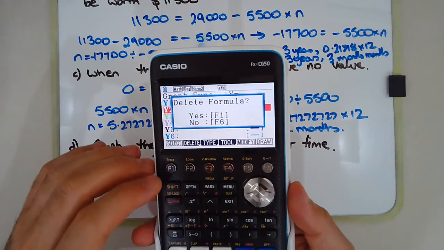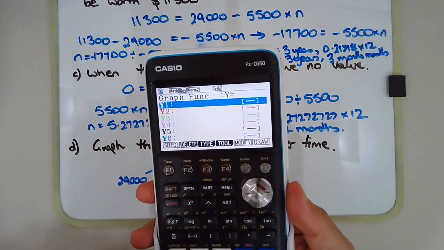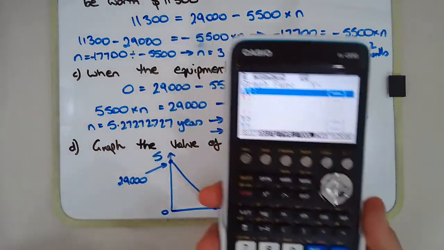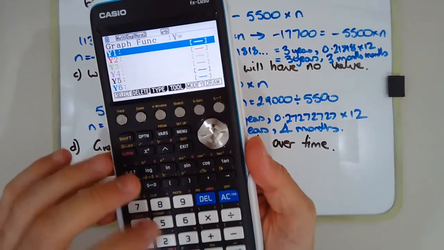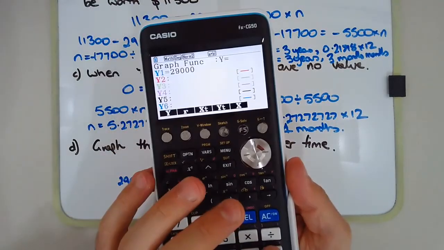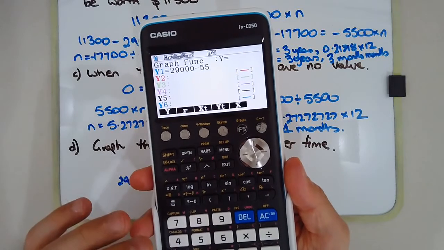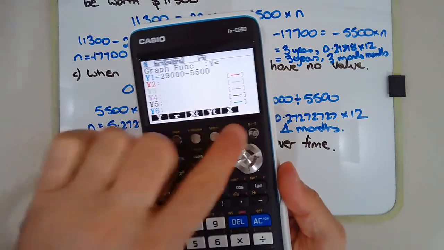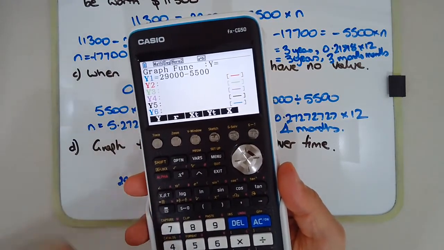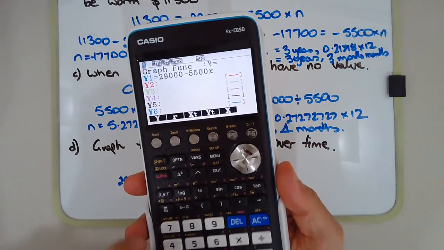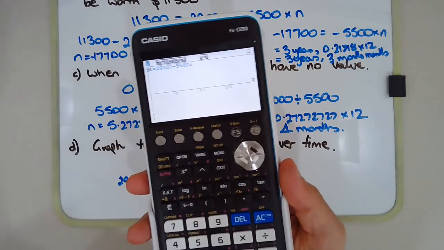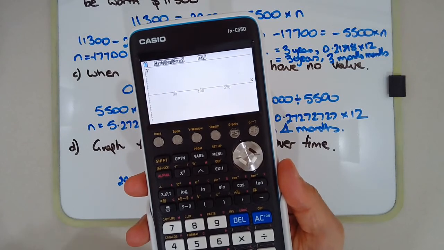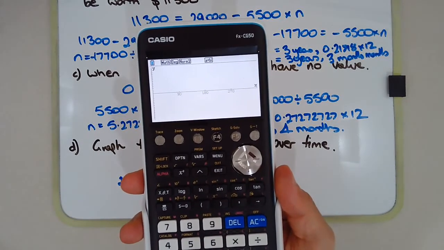I had this from a previous video. And let's just type in our formula. So it's going to be 29,000 minus 5,500. I don't have the letter n here, so I'm just going to use X. And then I'm going to draw that.